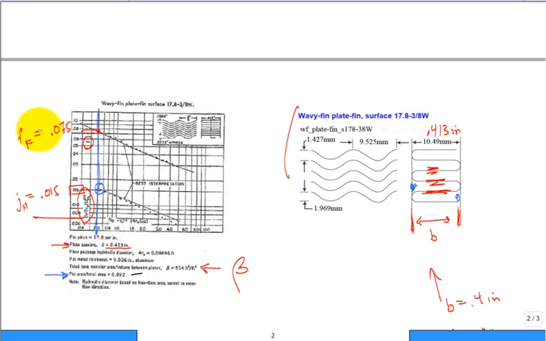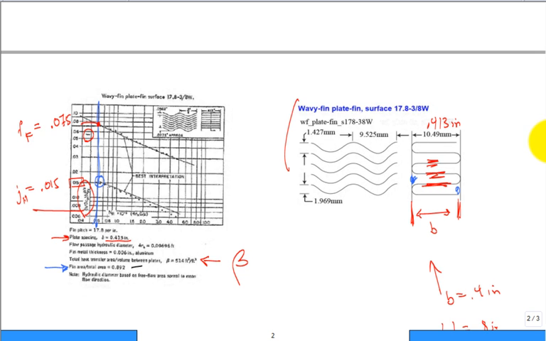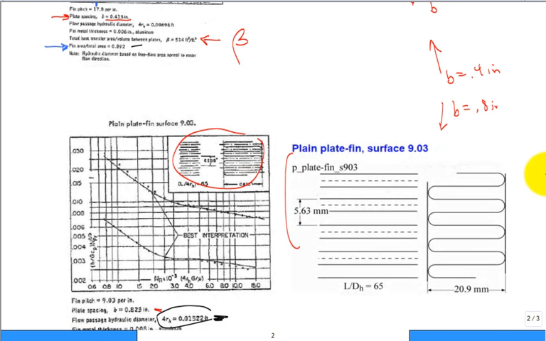That was for the wavy. How about for the one with this passage, at a little over 3,000? So what is the factor? 0.003, sorry, 0.003 for J sub H. And what about the fanning?